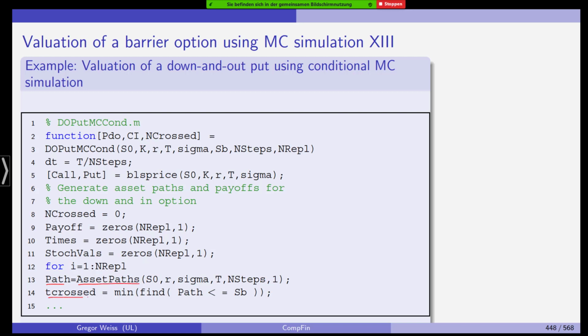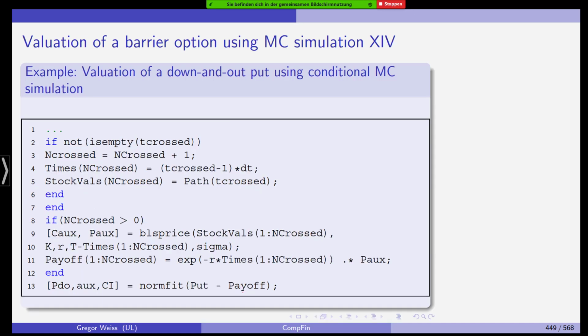T crossed is the minimum of find the point at which the path becomes smaller or equal than SB, that's the barrier. And if T crossed is not empty, then N crossed equals N crossed plus 1, count it up once, times N crossed equals and so on, and otherwise nothing happens.